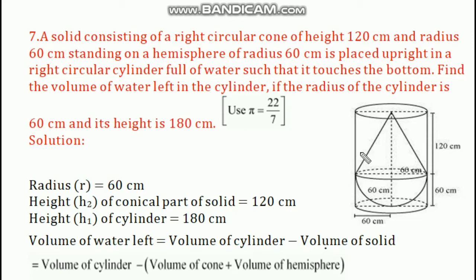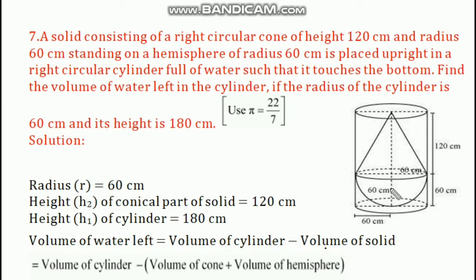How do we find how much water is left in this cylinder? For that, first we need to find the volume of the cylinder. So the volume of cylinder minus the volume of the solid.